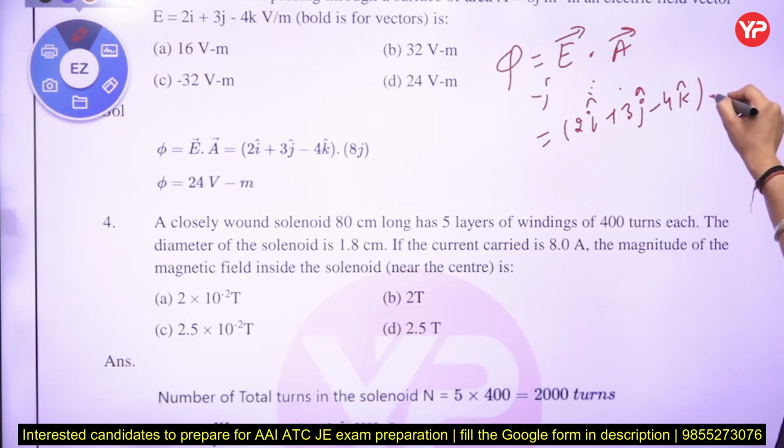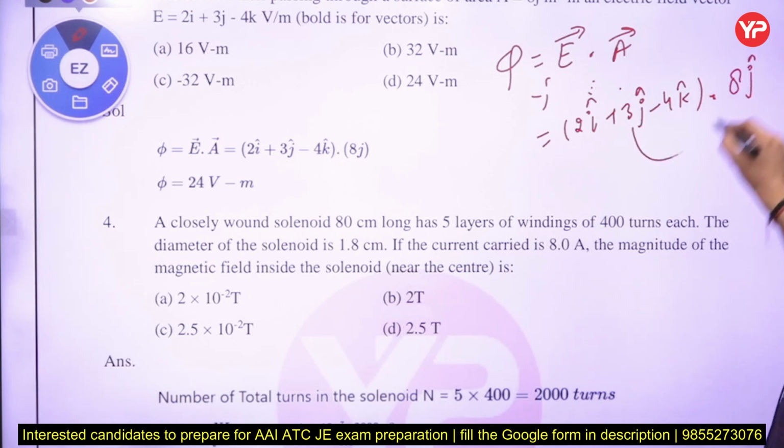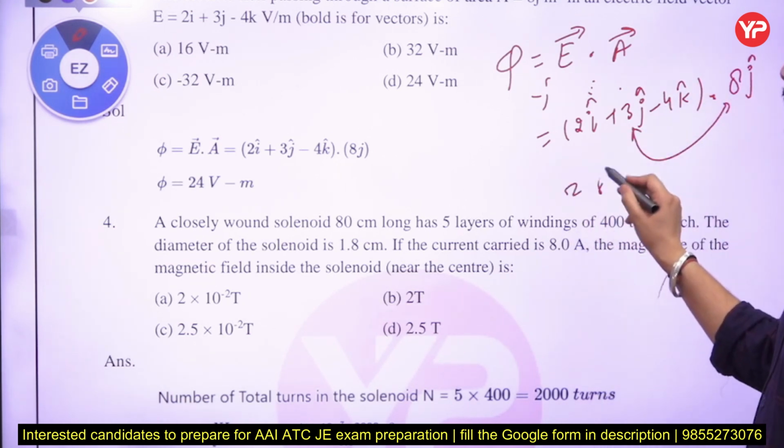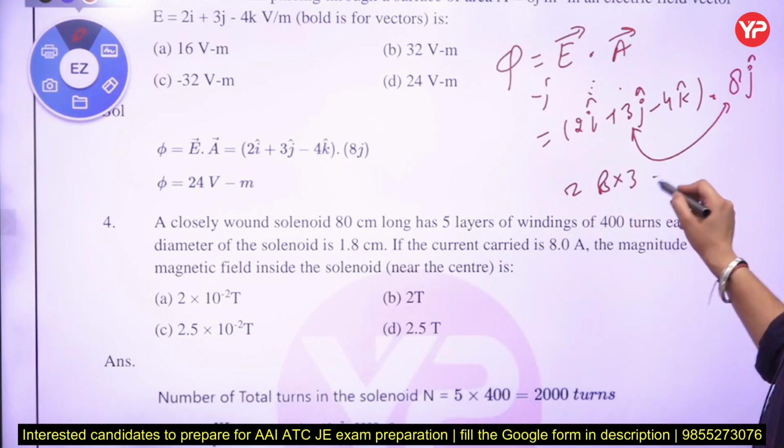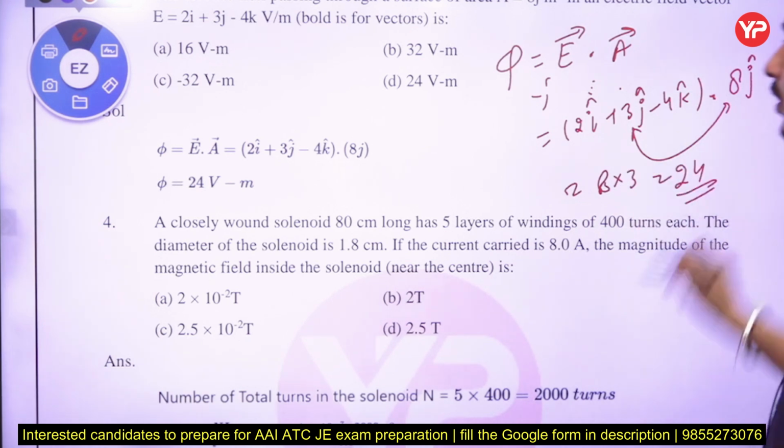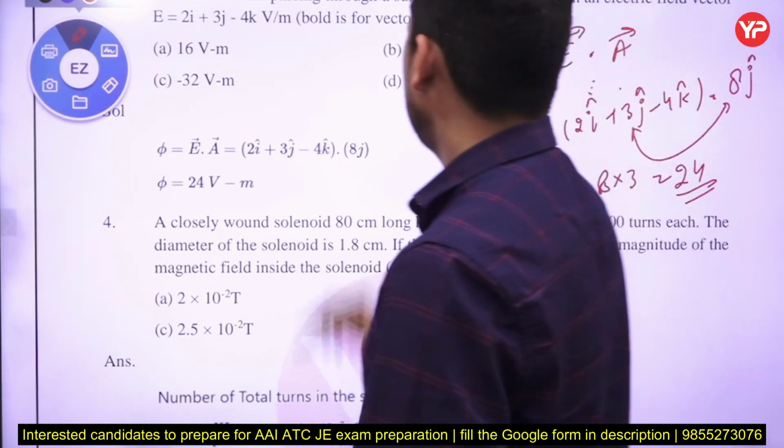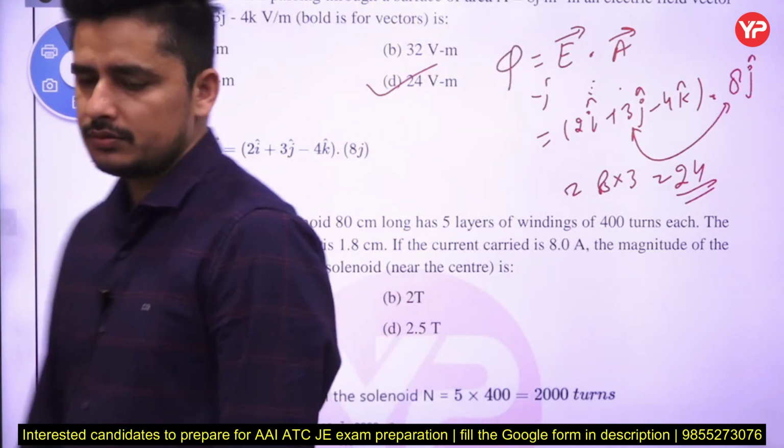When you do the dot product of this with 8 j cap, only this factor will multiply, the rest becomes 0, so that is 8 into 3, which equals 24. So the answer will be 24 volt meter.